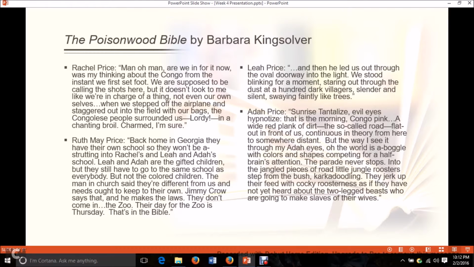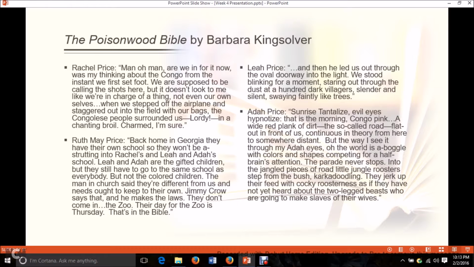And then we also see more poetic language like alliteration, slender and silent, swaying faintly like trees, and it's more poetic. And so we see a writer, in this passage. And I also think that the connection to the trees is very beautiful, and so we have a perspective of connectedness throughout the language of this particular quote. And I think that really reflects the overall tone of the story for sure.